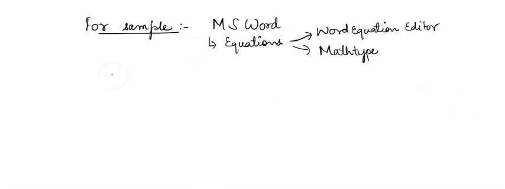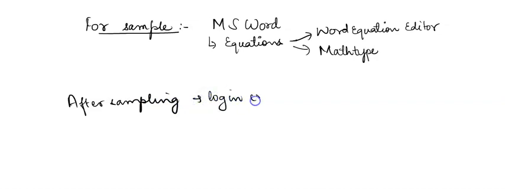The steps which I have just now told you, you have to put that format in MS Word only for your sample. After the sampling, your work will be QC'd and all the things will be done, and then you will be provided with your login ID credentials, which will enable you to use the Chegg portal.